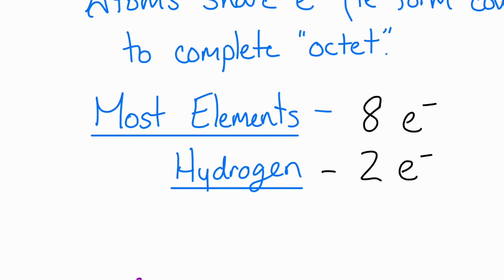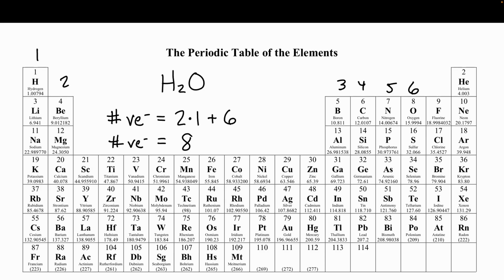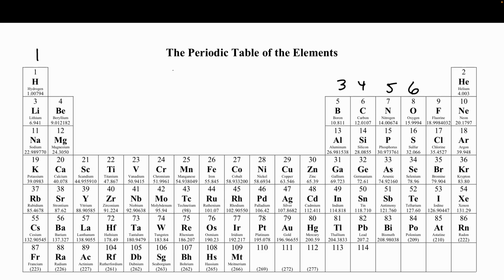Okay, the other exceptions are these other 2 small elements here. I think it's easier to identify them on the periodic table. Helium also only needs 2. It has 2. That's why it doesn't form any bonds to begin with. All right. Importantly, beryllium and boron are also exceptions.